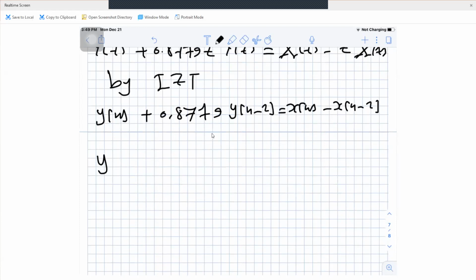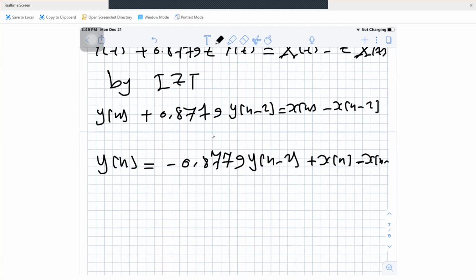Now, y of n will be minus 0.8779 y of n minus 2 plus x of n minus x of n minus 2. Well, this will be the difference equation.